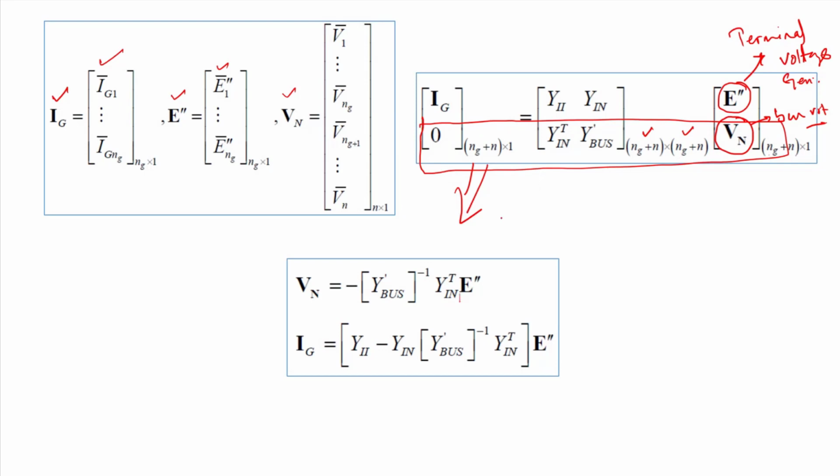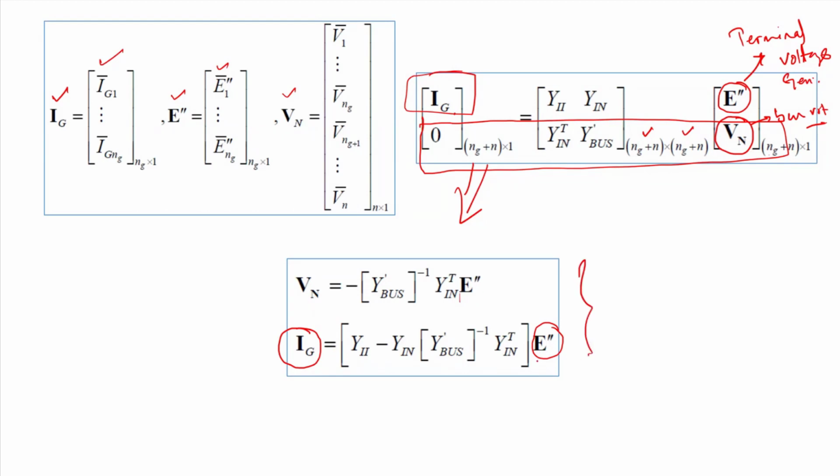Okay. So then if I substitute this again in the first equation for Ig, I substitute the value of Vn, then I can write the generator currents in terms of the terminal voltage E double dash, right? So that is Yii minus Yin, just this is a reduction, right?